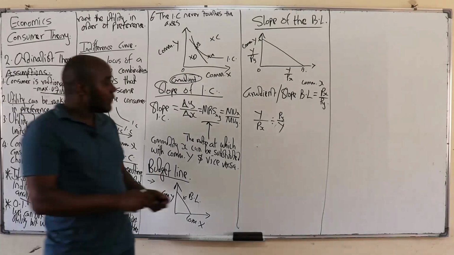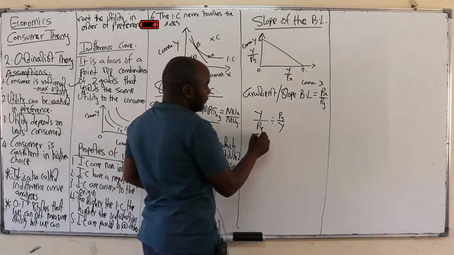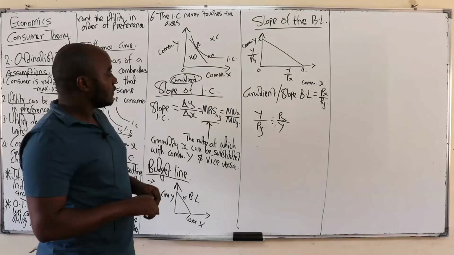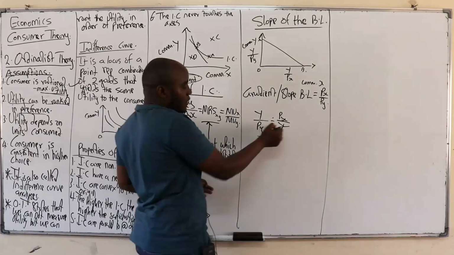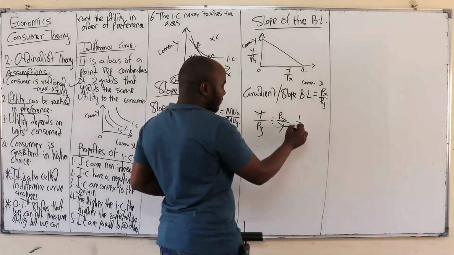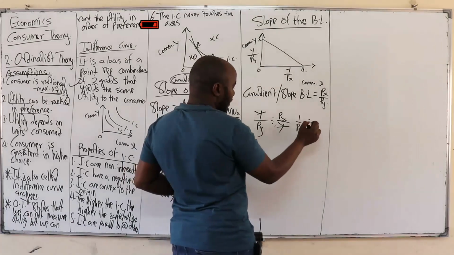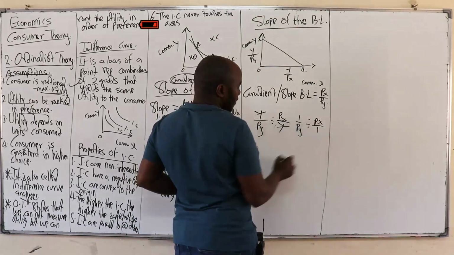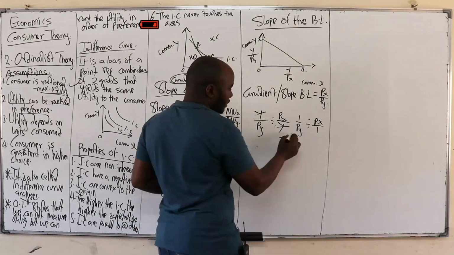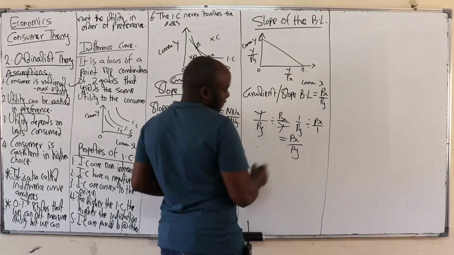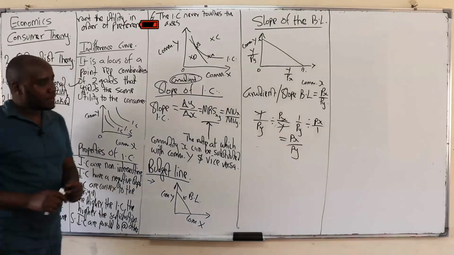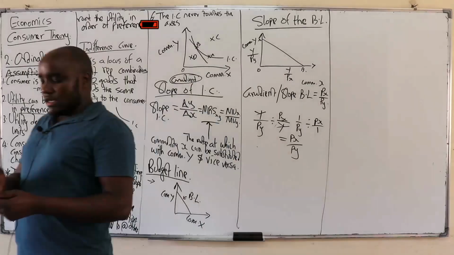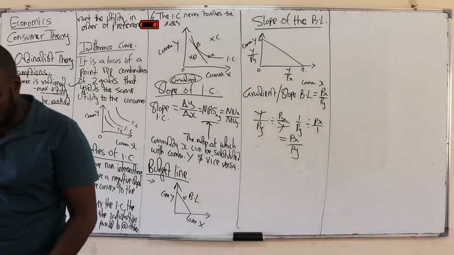Py, it's the other way around, Px, is it? Whereby we can cancel this and this. So it shall be 1 divided by Py, divided by Px divided by 1. So automatically it is Px divided by Py. That's the derivation of the gradient or the slope of the BL.